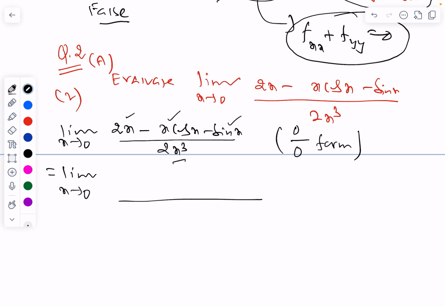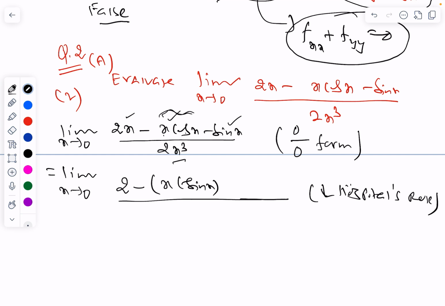We need to take the derivative separately of numerator and denominator. The derivative of 2x is 2, then minus, this is a product function: derivative of x as it is times cosine x, plus x times derivative of cosine x, which is minus sine x, then plus derivative of x is 1 and cosine x as it is.